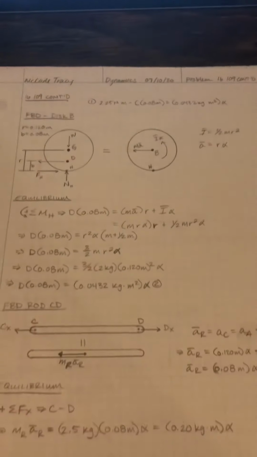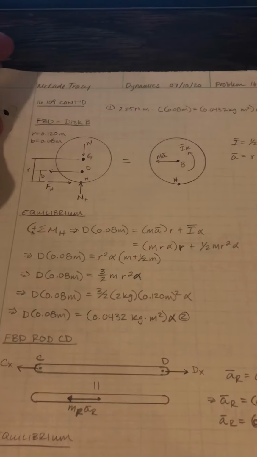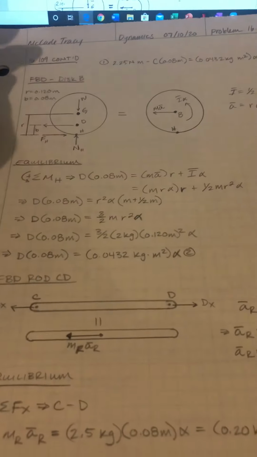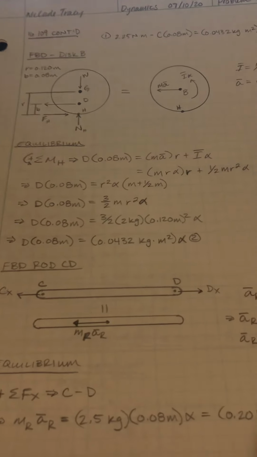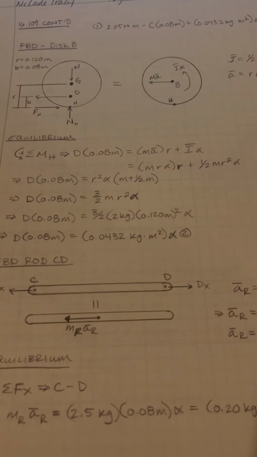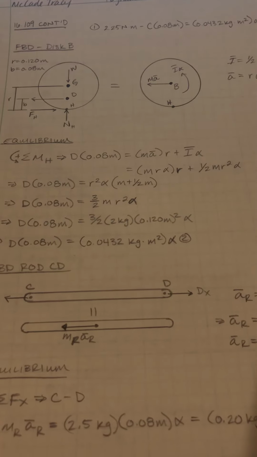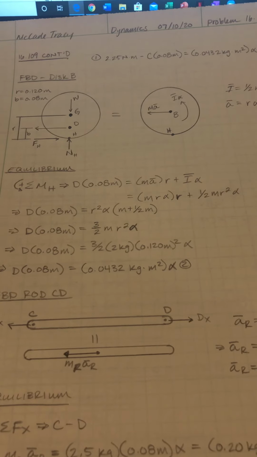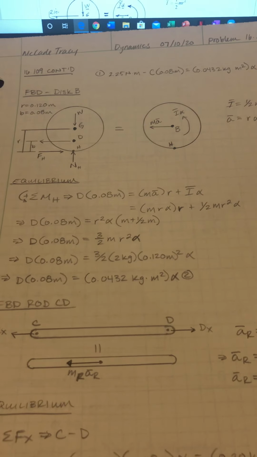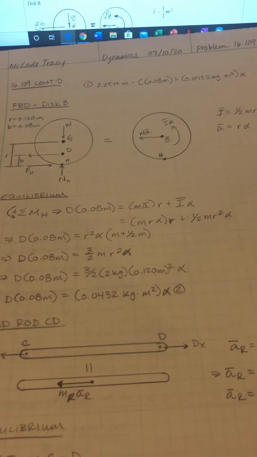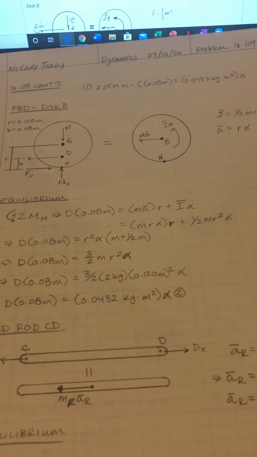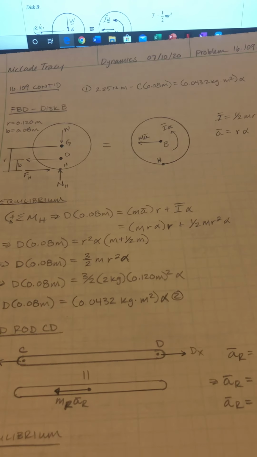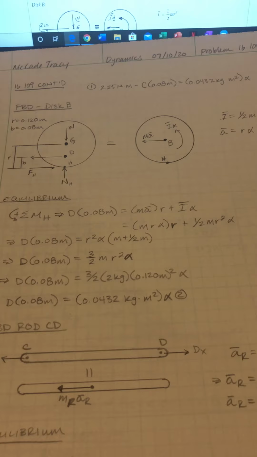Keeping track of that equation, we then move to disc B and do similar steps. Taking the moment at point H, which is the contact point for disc B, we have the pin force D, also 0.08 meters from the contact point, equal to mass times acceleration times the radius plus moment of inertia times alpha.